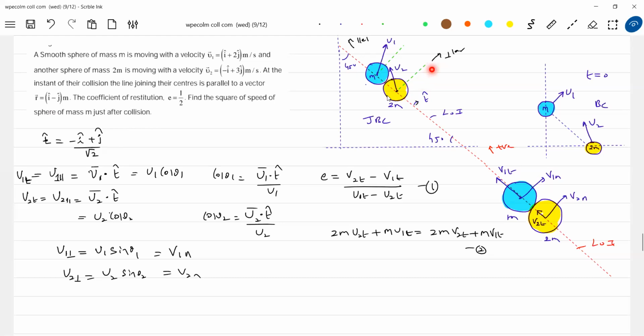Common normal will have positive, perpendicular to this. If you want, you can directly bring common normal also. I think it will be I cap plus j cap by root 2. Okay. What I wrote is t cap. If you want, n cap should be I cap plus j cap by root 2, perpendicular to that.